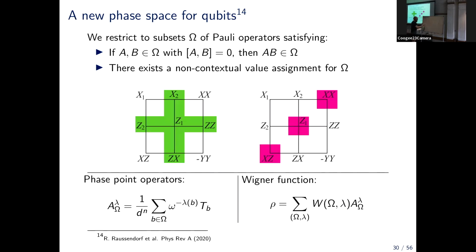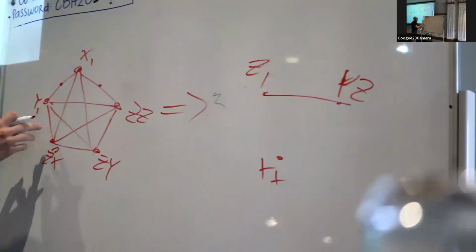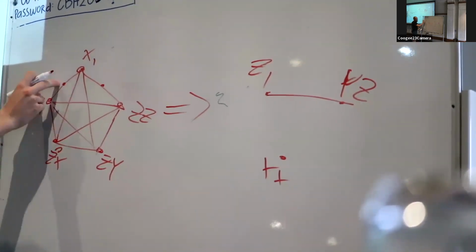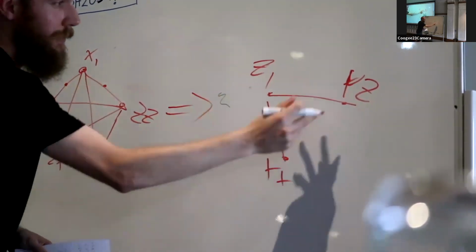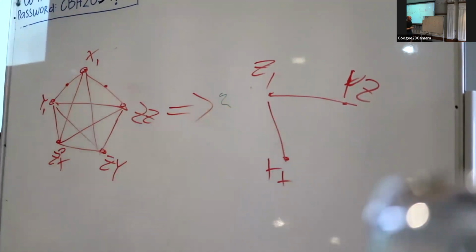So for example, this one down here, the product of these two is XX. This edge shares a vertex with this edge, but not this one. So you have a line here, but not there, and so on. You can expand this whole thing, and you end up with a big graph with 10 vertices.